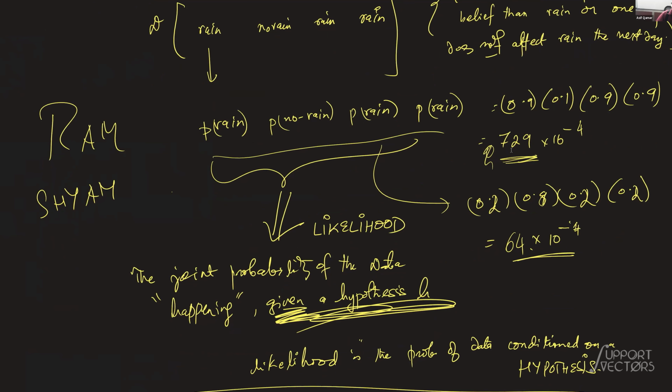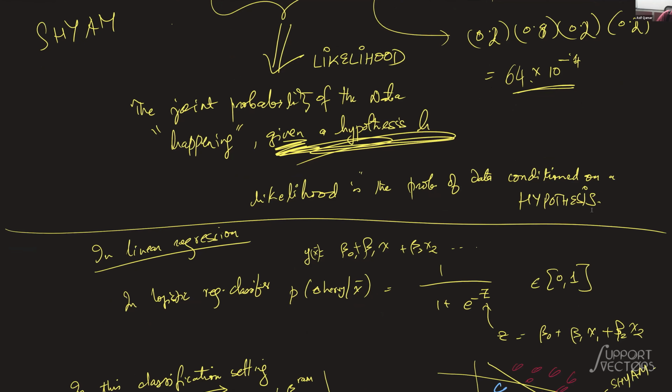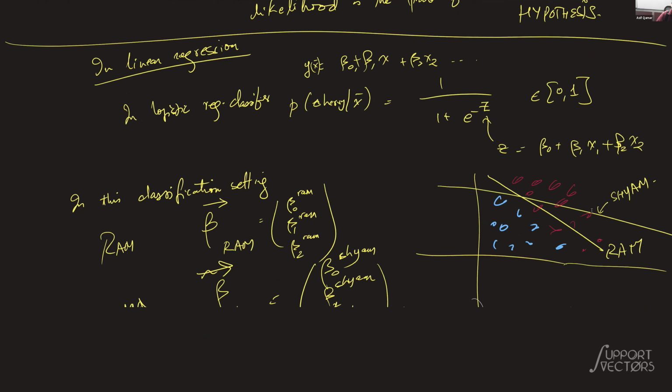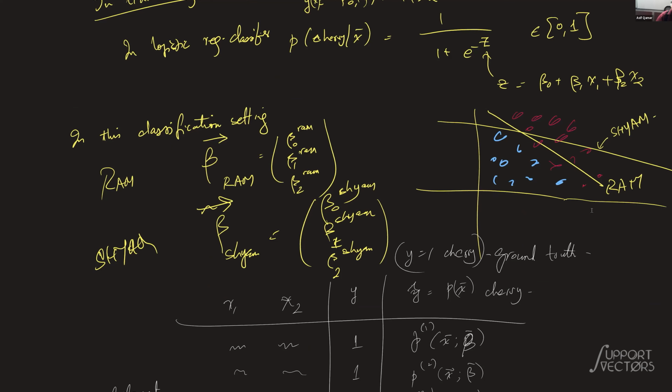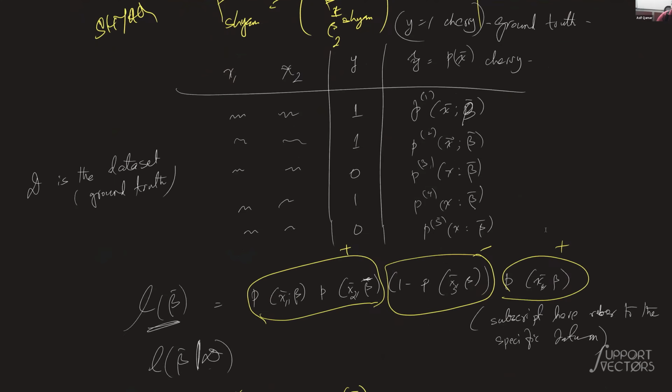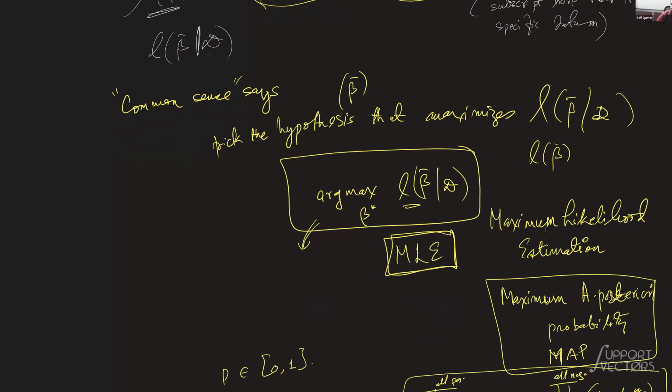And so it turns out that Ram is correct more than 10 times over. Even if Shyam says not 10%, but 20%. So one hypothesis is superior to another with respect to the data. It says that this data is more likely under this hypothesis.